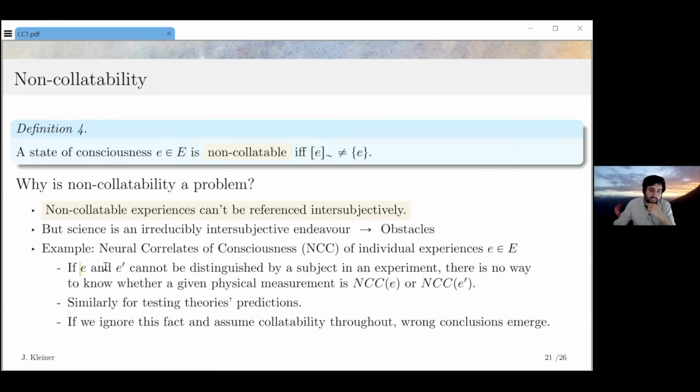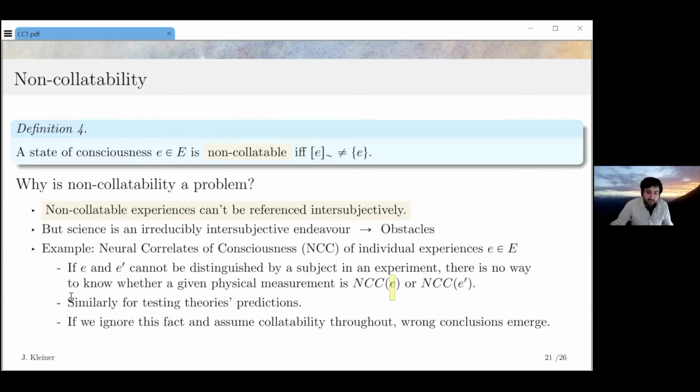But if E and E prime cannot be distinguished by a subject put into the scanner in the experiment, then whatever we measure, we can't know whether it belongs to the neural correlate of consciousness, the NCC of E or the NCC of E prime. But E and E prime are different experiences, and therefore, at least for general theories, their NCCs would be different.